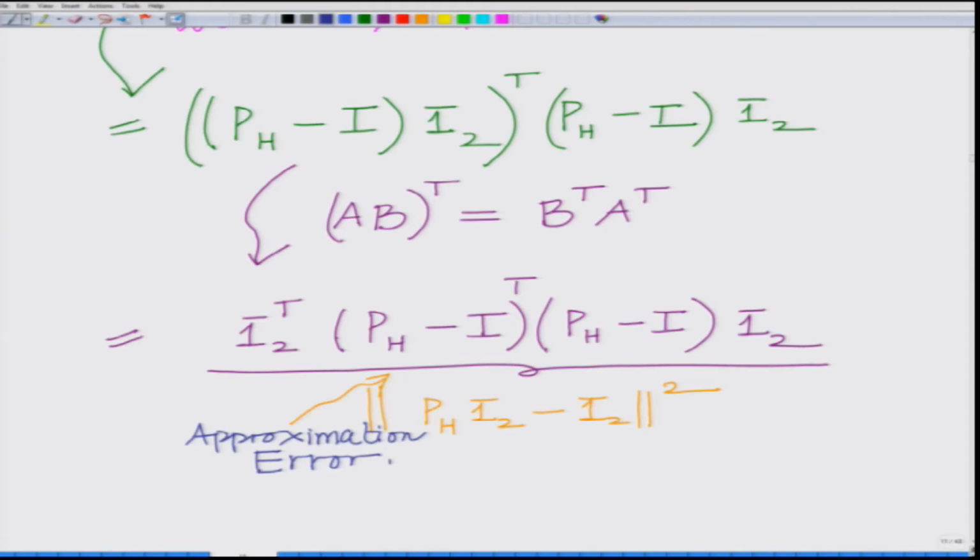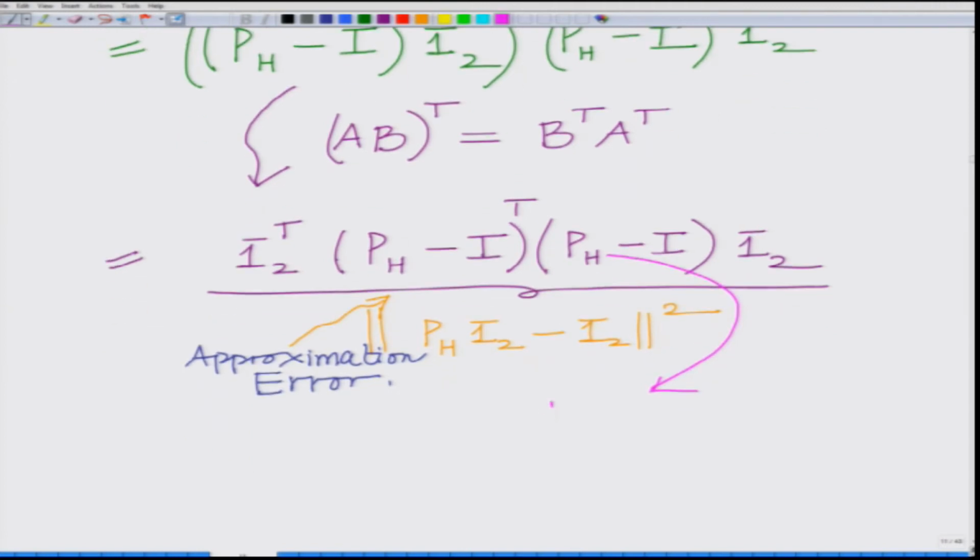So, we are able to derive this expression for the approximation error, which is 1 bar 2 transpose PH minus I transpose times PH minus I times 1 bar 2, where this matrix PH itself, just to clarify again, we have defined as H transpose, H transpose inverse times H. That is the definition of this matrix PH.